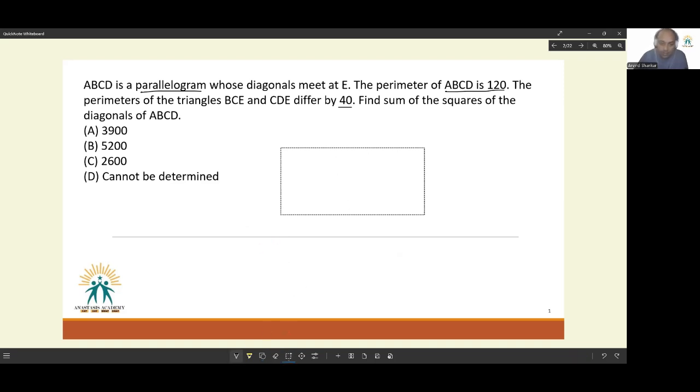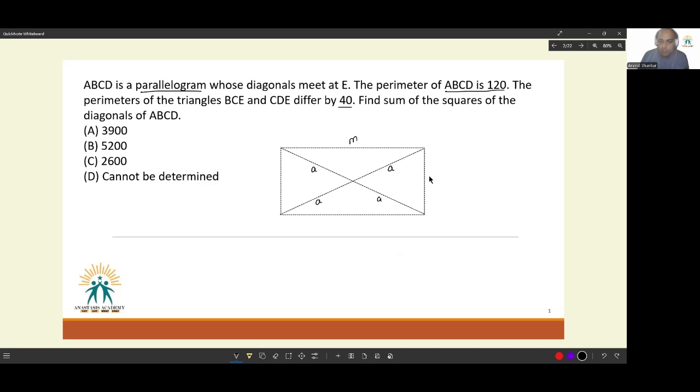rectangle itself. Now, given that the perimeter of the rectangle is 120, I can go ahead and say this is A, and in a rectangle, all the diagonals are of equal length, so they will get bisected in equal parts.